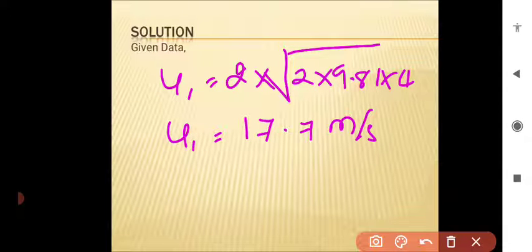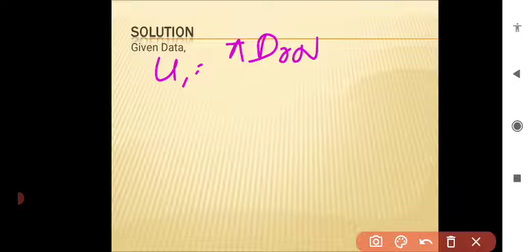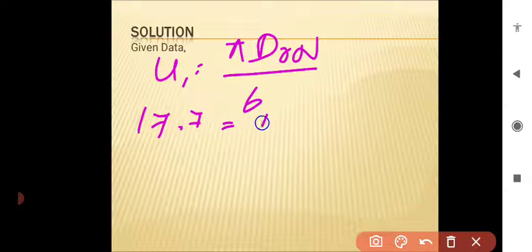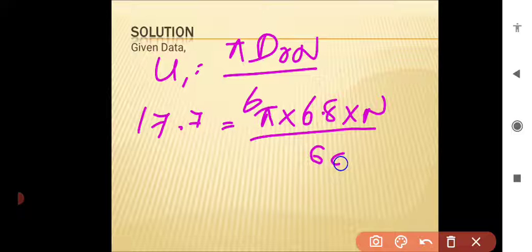We know that the blade velocity u is equal to pi d naught n by 60. So u is equal to 17.7, that is equal to pi into d naught, which is 6.8, into n by 60.